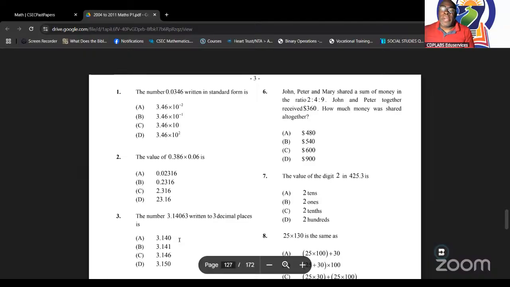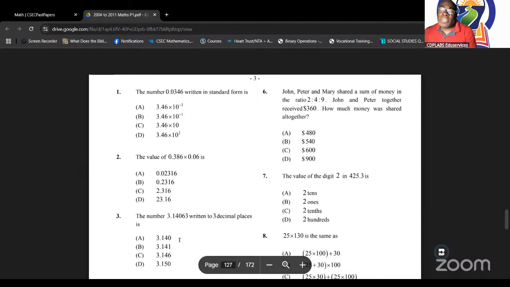That's it. Now, as it is in number 3, the number of decimal places is how many? Well, 5. 5. Good. And they ask us to write it to 3 decimal places.